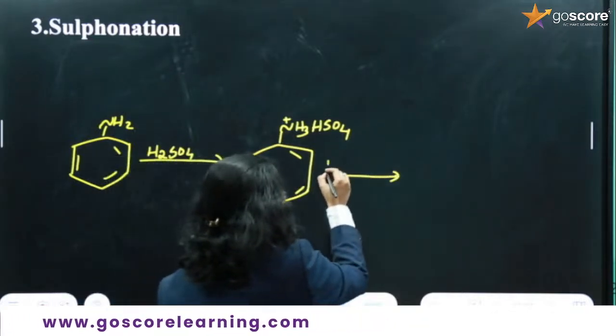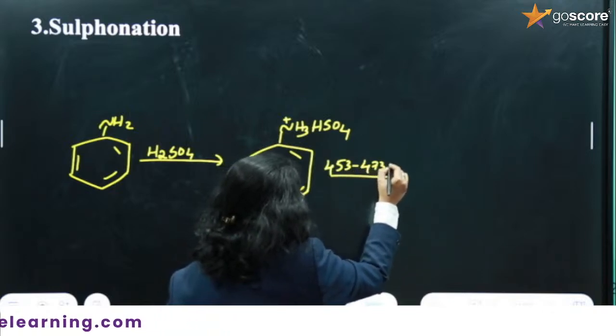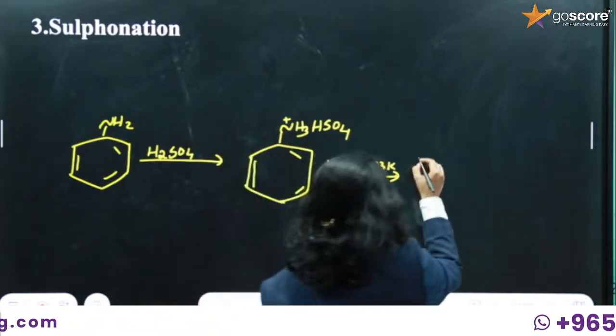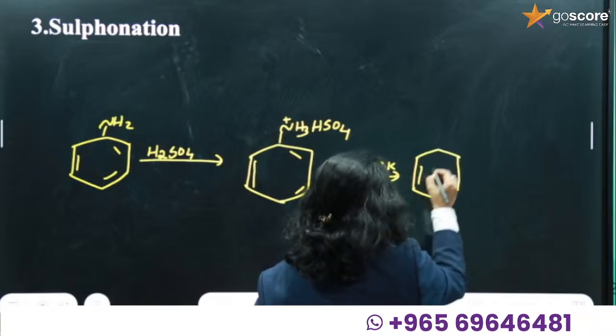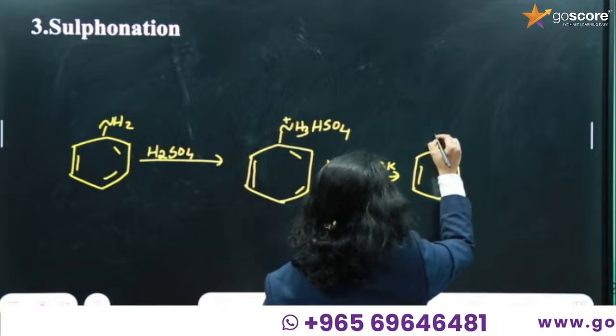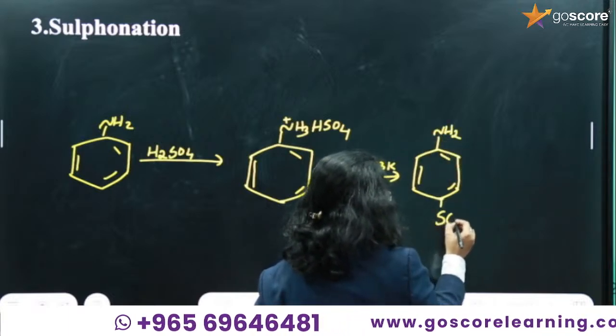This on heating with 453 to 473 Kelvin, you will get sulfanilic acid, that is SO3H.